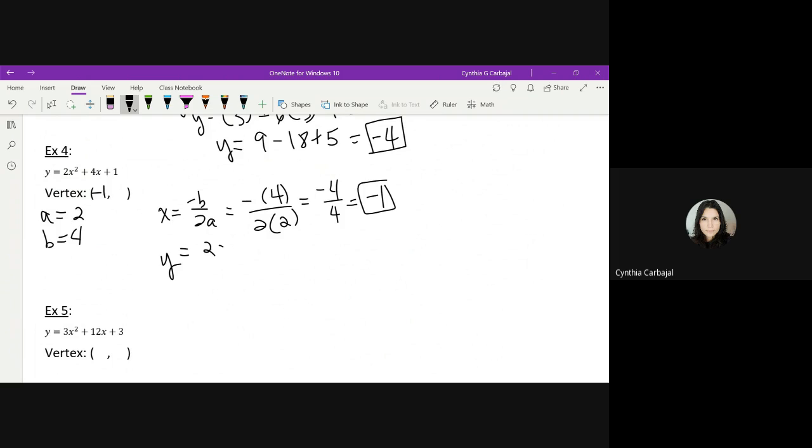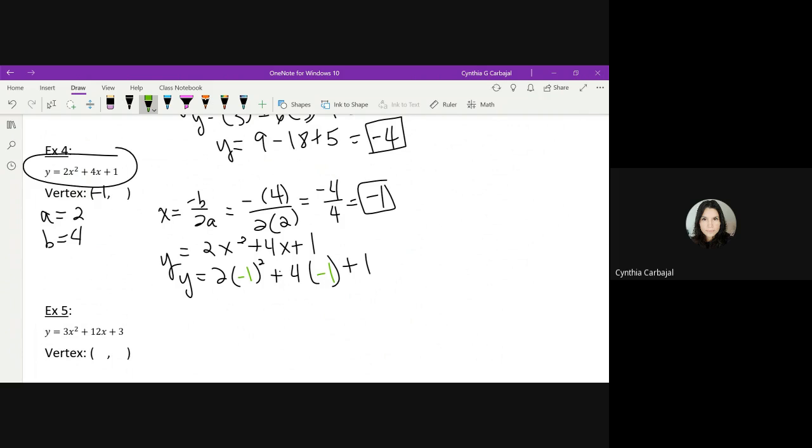So our equation is 2x squared plus 4x plus 1, right? This one. Then wherever there's an x, we're going to put parentheses because that's what we're going to substitute. Don't forget that that first x is squared, so make sure you put the squared outside the parentheses. Then we sub in that negative 1.